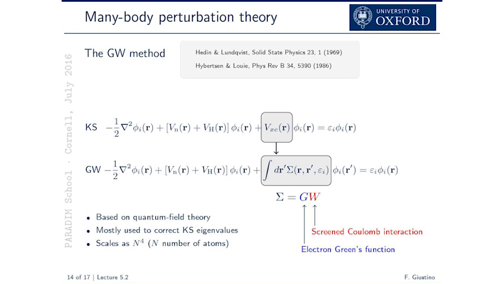This object is called the self-energy, all right? This is an exact statement for these objects, which are no longer wave functions, but something called Dyson orbitals, okay? It's something which exists in the world of quantum field theory.